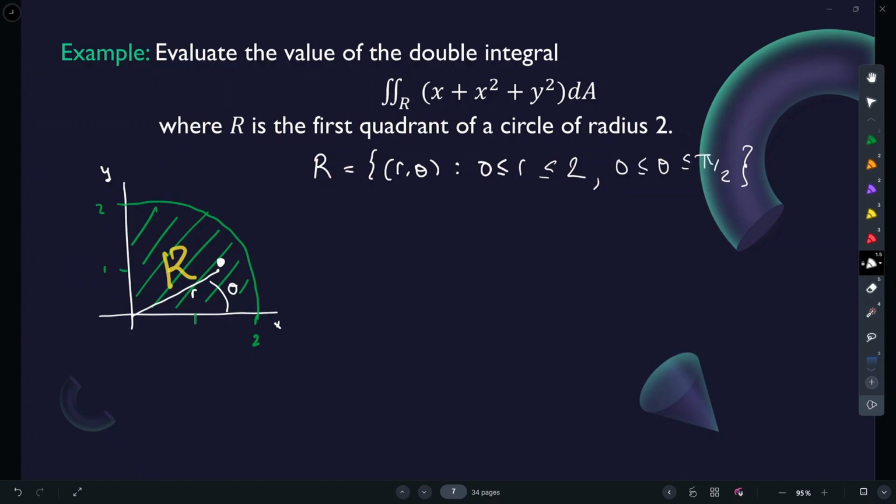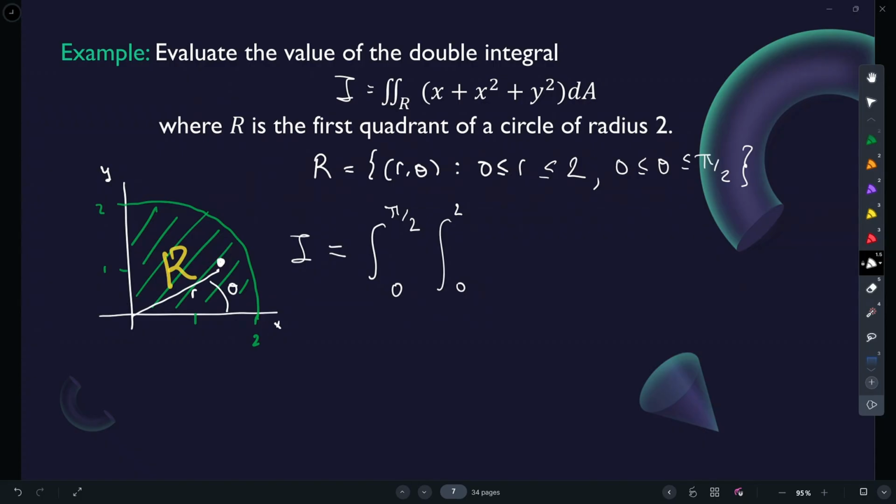So that means that I can translate my integral. Let's call this integral I. We do the integral of theta first, from 0 to pi over 2. You can use Fubini's theorem to change the order, but we usually set it up so d theta is first. Then the radius from 0 to 2 of the function.